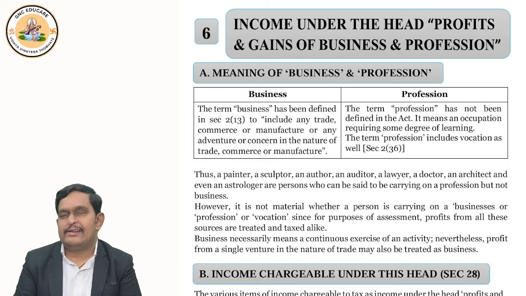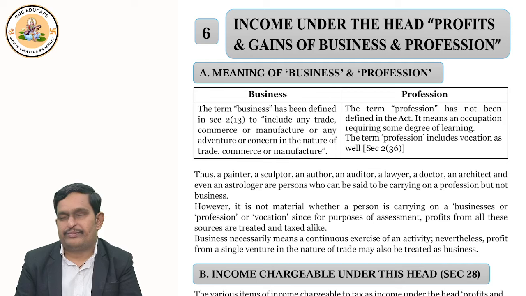So basically, these are all professionals. Term-wise, the words business or profession may be different. But in the practical world or in income tax, both are treated alike. Both are taxed alike. There is no difference.